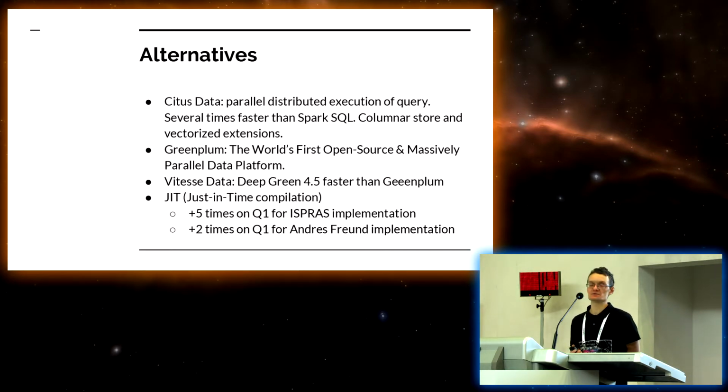But CitusDB get their results mainly owing to the distributed execution. They don't just run several instances of the database. They also shard data between the databases, and then they run the query in parallel. Q1 query is also executed very well on sharded data. Parallelism alone ensures quite good results.